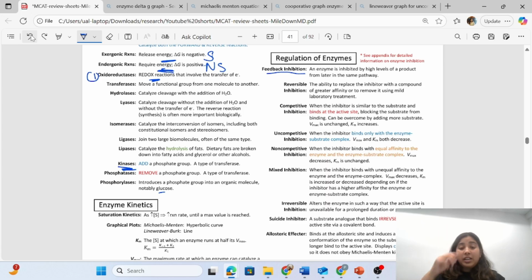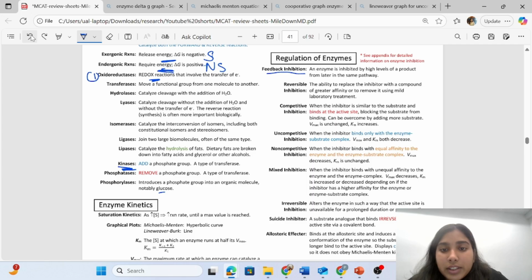Okay. Reversible inhibition is where for some time the inhibitor will inhibit that enzyme, and later when the conditions are right for that enzyme to be active again, it can become active. So it's reversible.